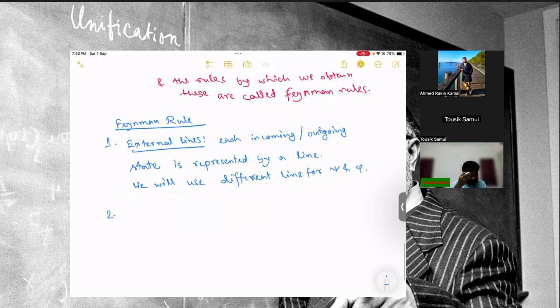Second is vertices. That is another important thing: draw vertices representing the interaction terms.